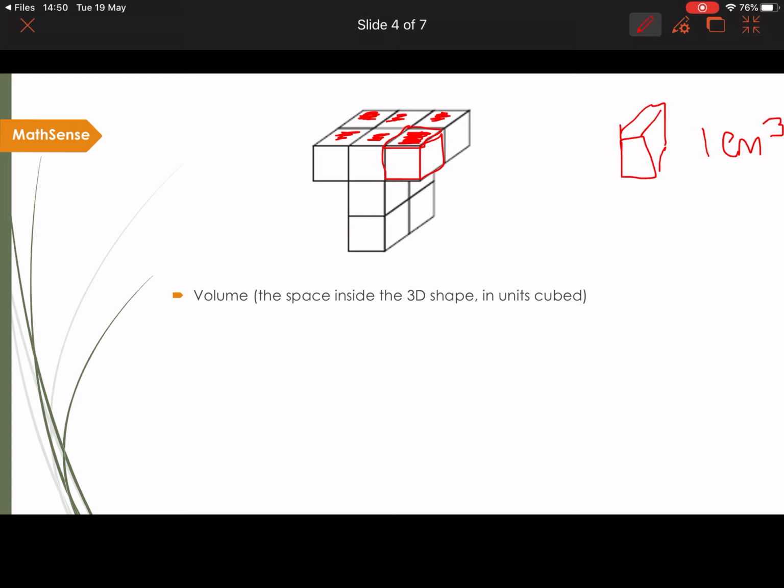Now on the bottom I can see there is another cube here, so that makes 7, 8, 9, and I know that there's a cube here as well, 10. And again, each box that I've coloured represents the entire cube. So I can see that this has 10 centimetres cubed.